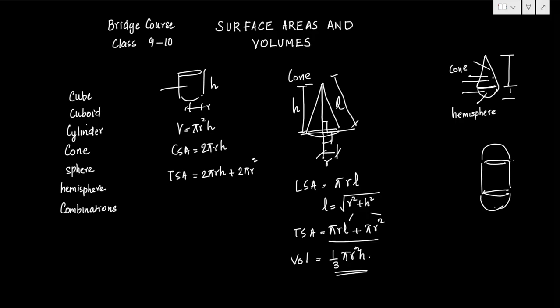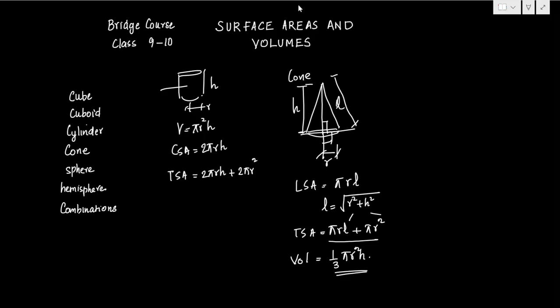And same thing, the volume will be the volume of the cone and the volume of the hemisphere added together for this object. Okay, now let's make some space here because we are going to be discussing spheres.